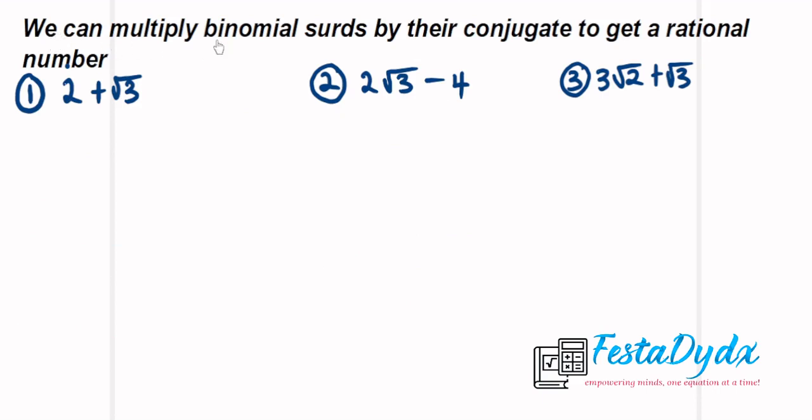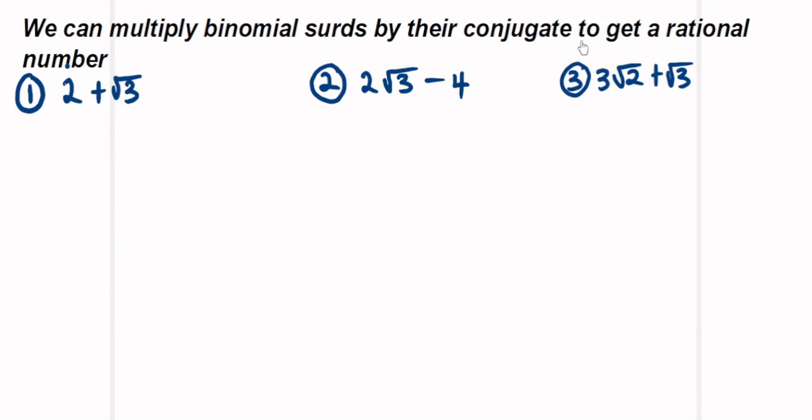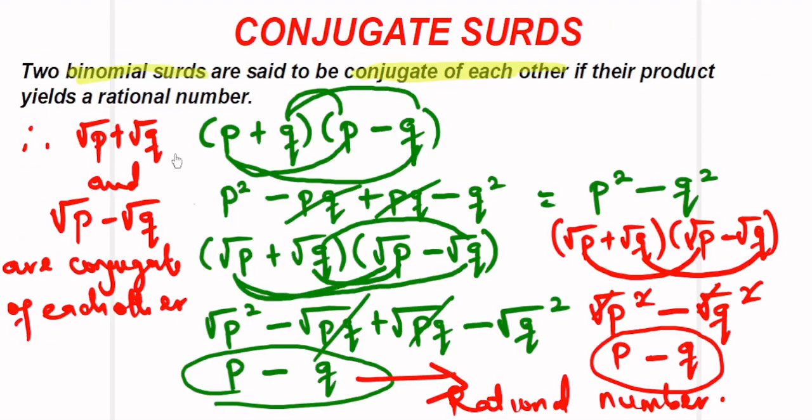Here, we can multiply binomial surds by their conjugates to get a rational number. Of course, that's what we did here. We multiplied two binomial surds, root p plus root q, root p minus root q. We multiply them together and it gave us p minus q, which is a rational number.